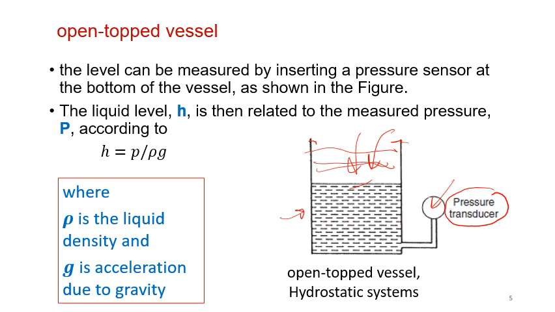Mathematically, the equation representing this is given here, where H is equal to P over rho G. Rho is the density, G is the acceleration due to gravity, and P is the pressure. It's very clear that P has a clear relation with H. The higher P is, the higher H is going to be.